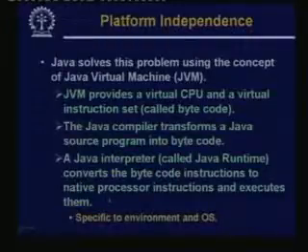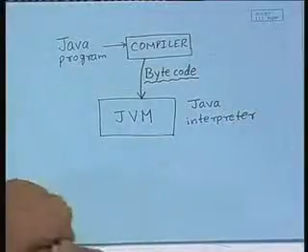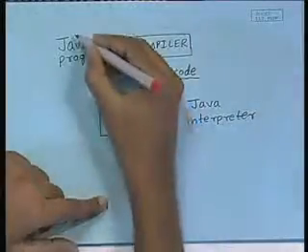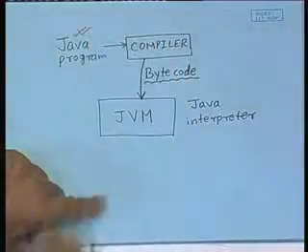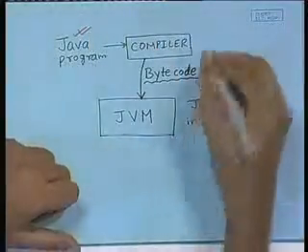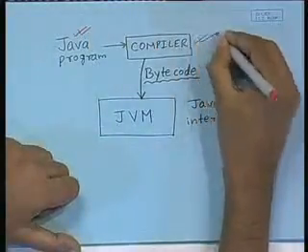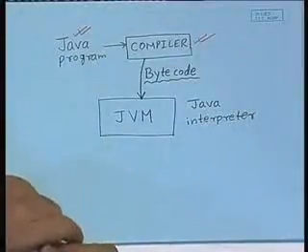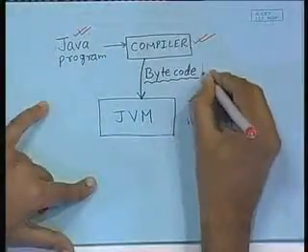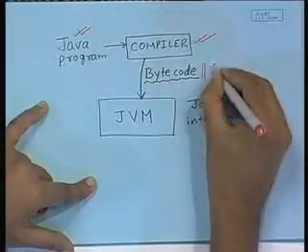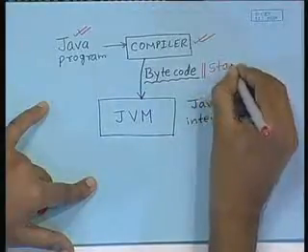Now, let us again come back to this diagram. Now, you see this Java program is something which you have written. This compilation you can do on any platform you want. What you know is that this bytecode that you generate is a standard bytecode.